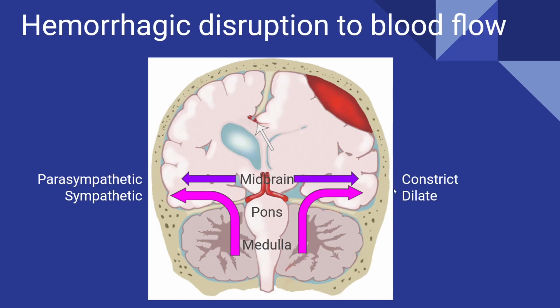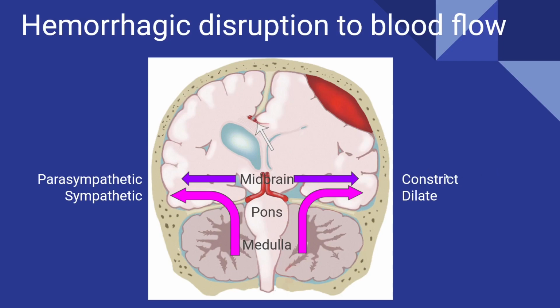So what you'll see is the side of the injury that's bleeding. Let's say it's on the left side, you're having this brain bleed. Then you would expect your left eye to be more dilated, because we've cut off that parasympathetic nervous system.